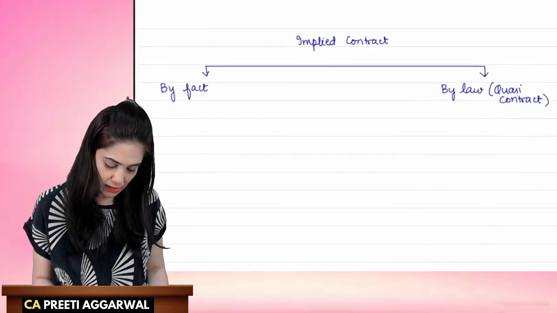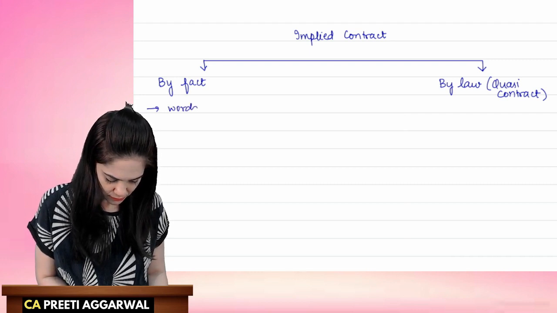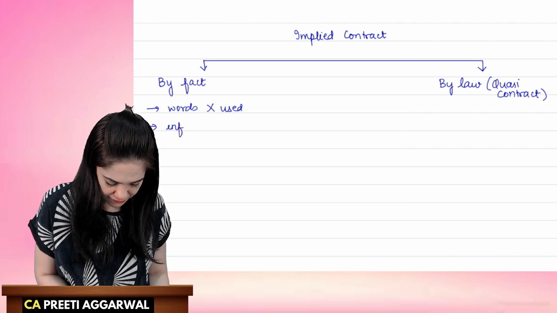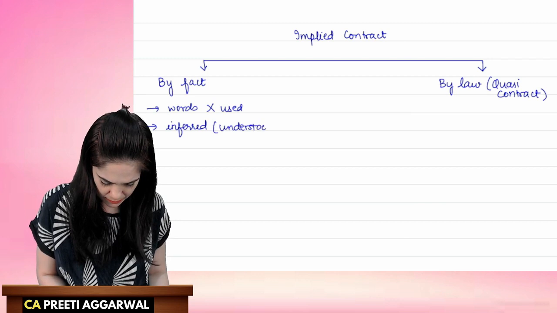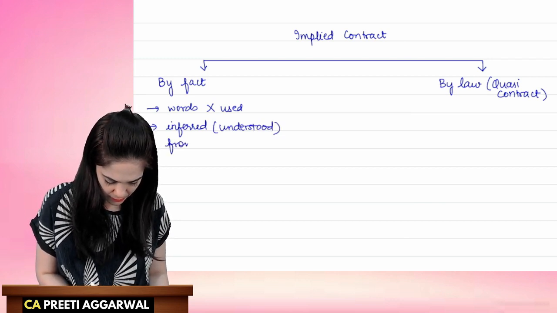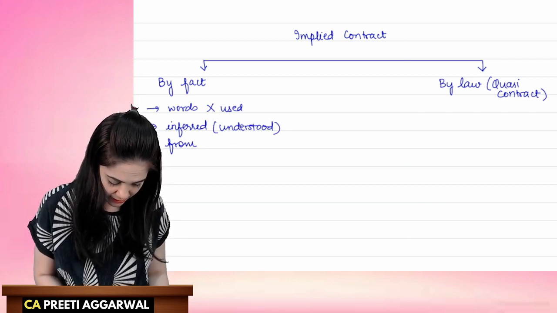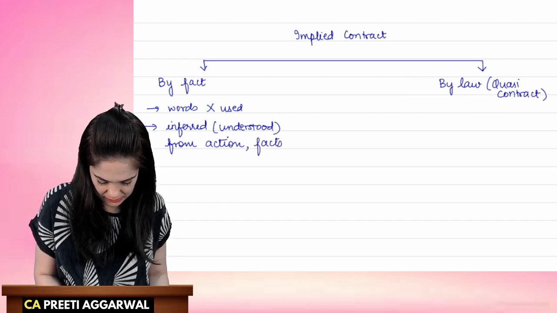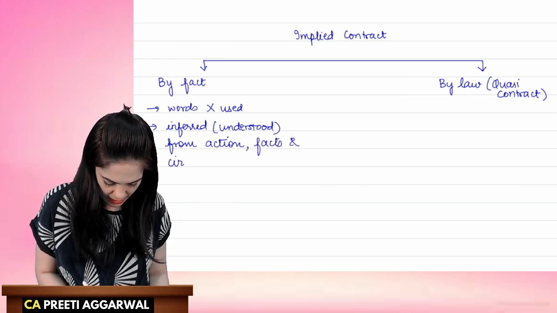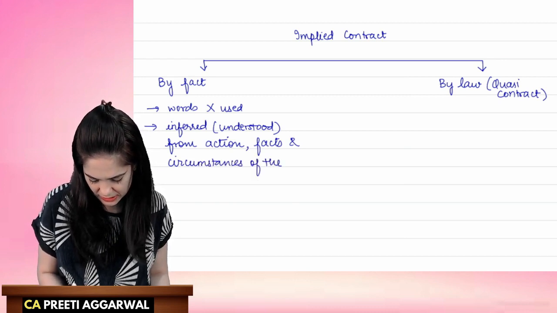Now, implied by fact means words are not used. The contract is inferred. Inferred means it is understood from the action, facts, and circumstances of the case.